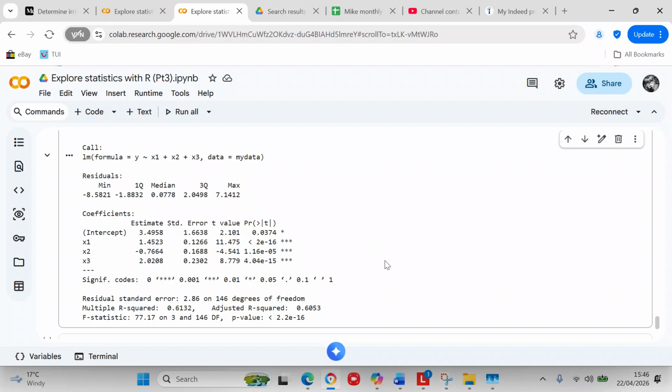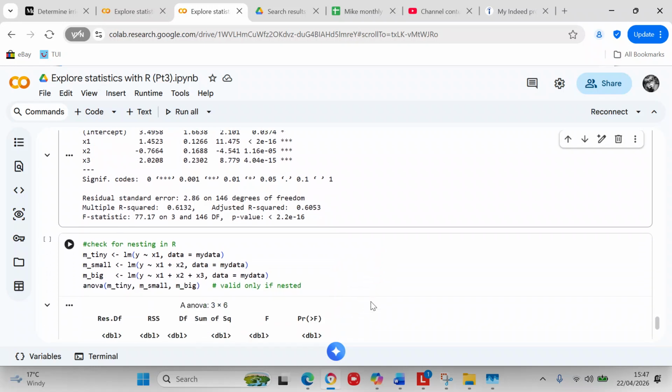Residual standard error is 2.86 on 146 degrees of freedom. Multiple R squared is 0.6132. Adjusted R squared is 0.6053. F statistic is 77.17 on 3 and 146 degrees of freedom. And your p-value is a really low value.